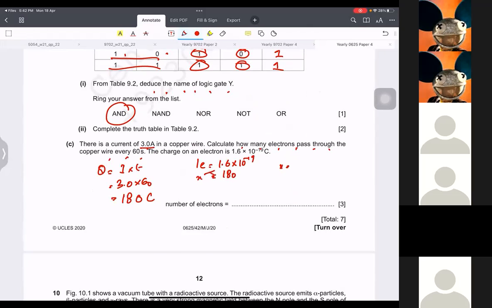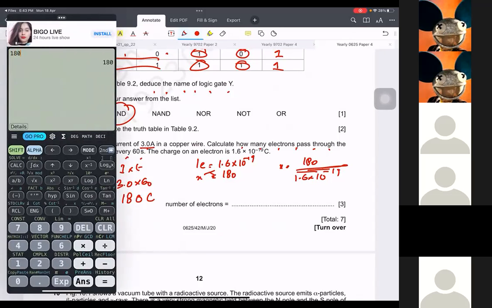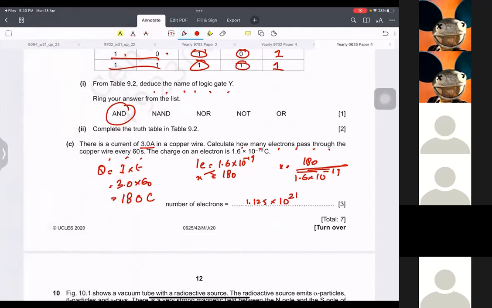It will be 180 divided by that, and the answer is 1.125 times 10 raised to power 21. That is correct, my friend.